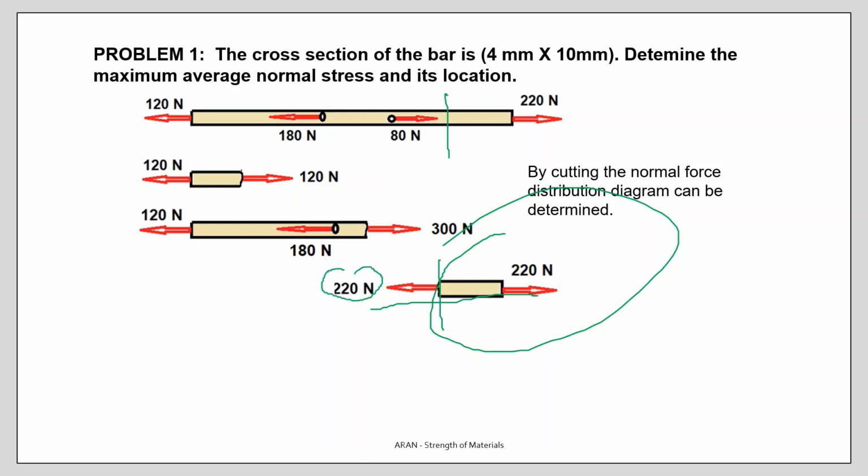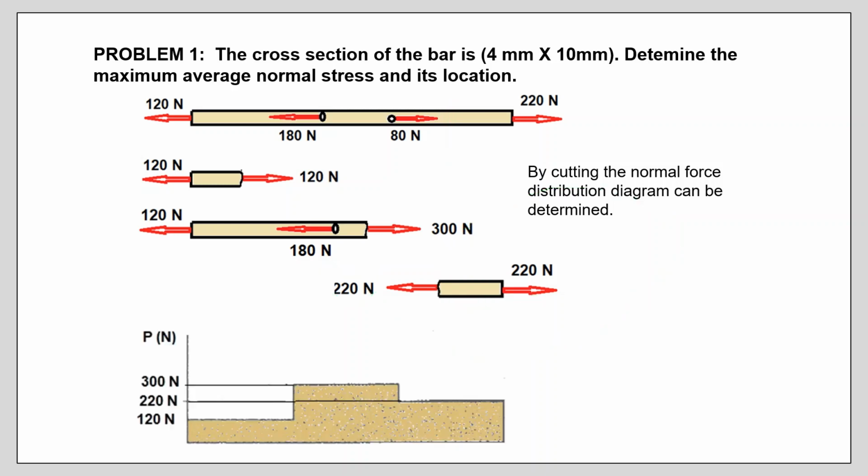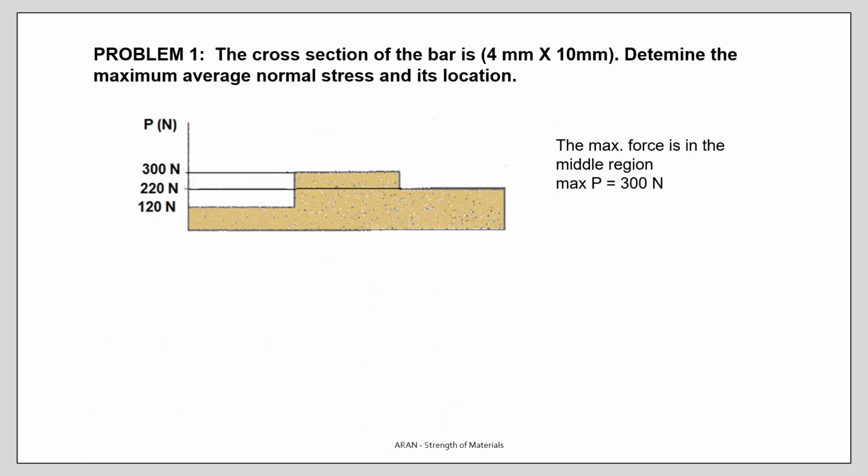And if you draw these, now we take these forces and draw a diagram of normal forces. This is region 1, region 2, and region 3. As you see, the maximum is here in region 2. It is 300.